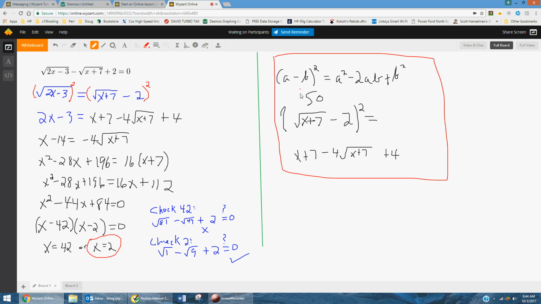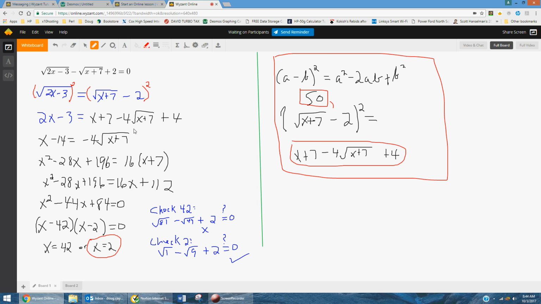So the square root of x plus 7 minus 2, the quantity squared, results in this trinomial. Square the first term, double the product of the two terms, square the second term. So that's where the right side of this came from.